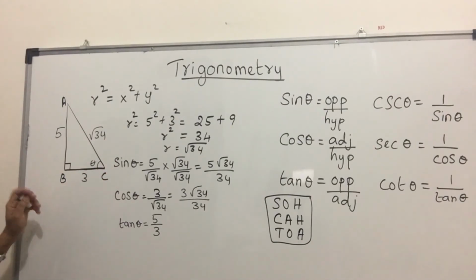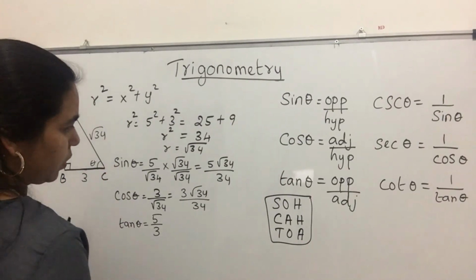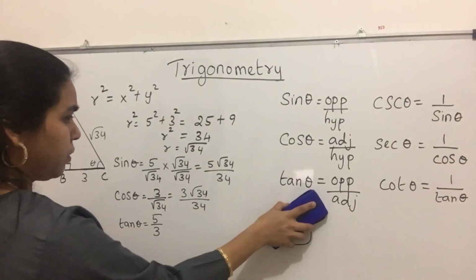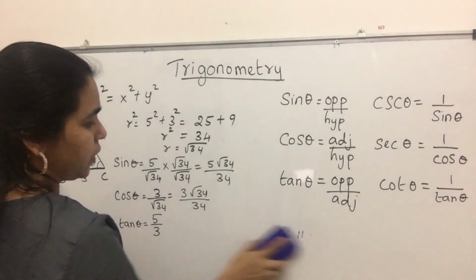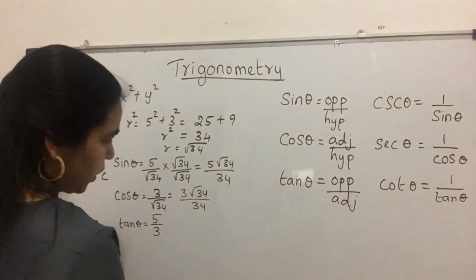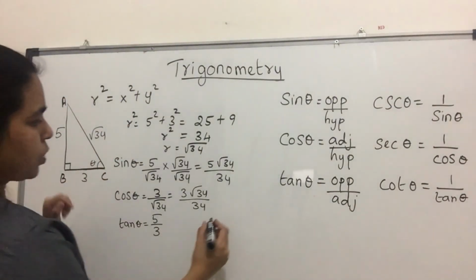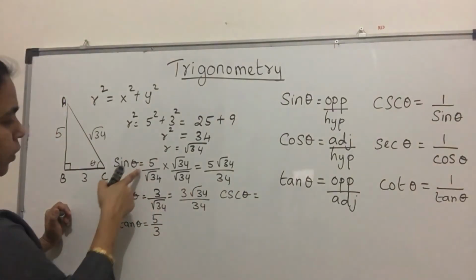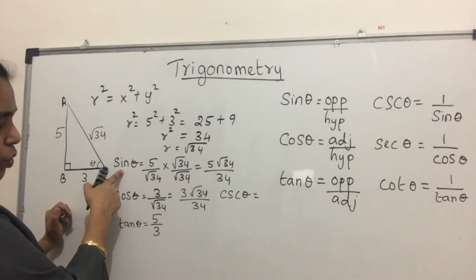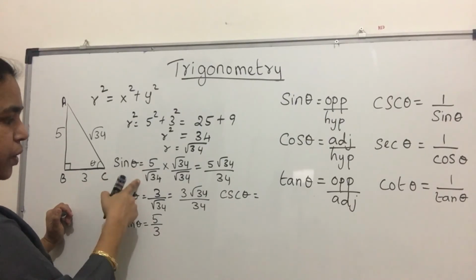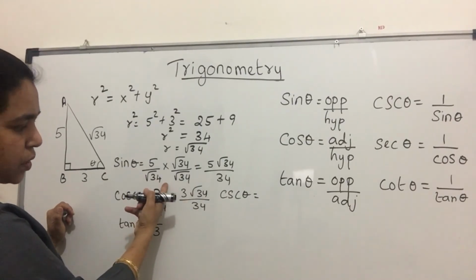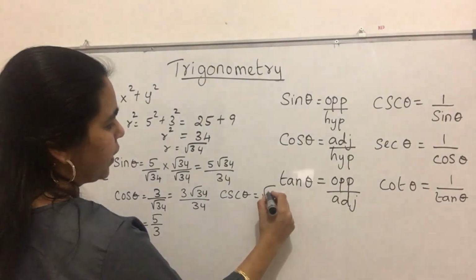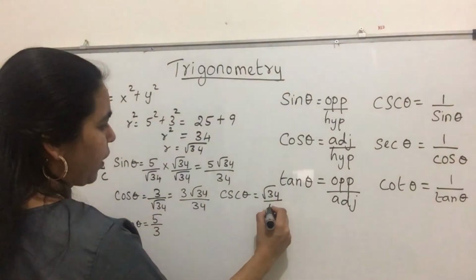Now we can do it for cosecant theta, secant theta and also cot theta. For that you just have to flip the numbers. Cosecant theta is 1 over sine theta, so you just flip this. You don't have to rationalize this number. You just write radical 34 over 5.